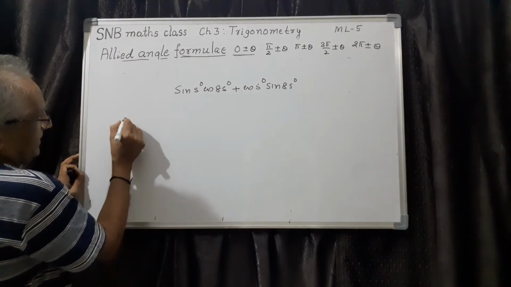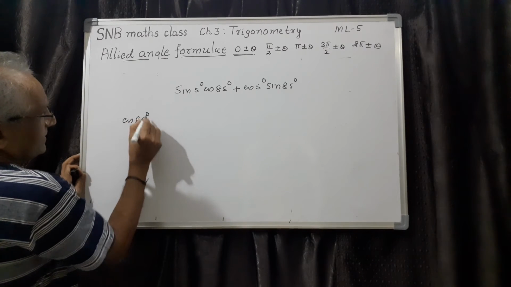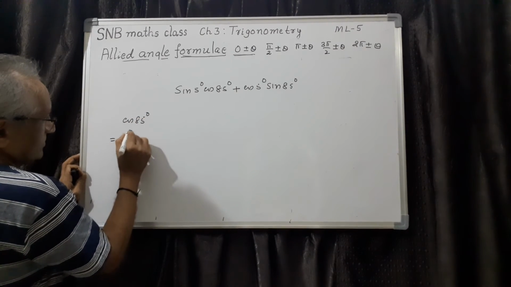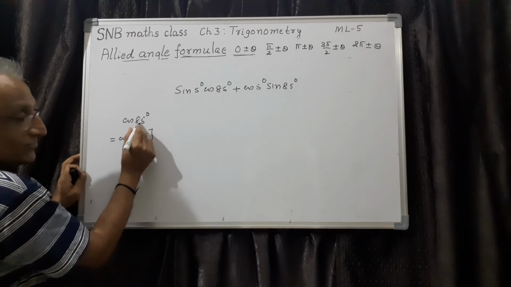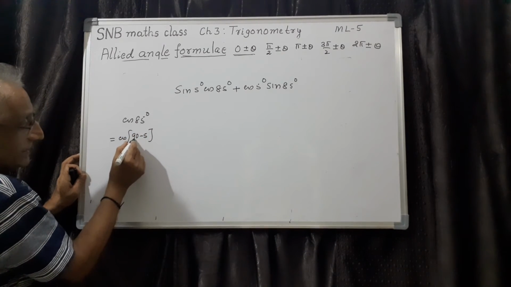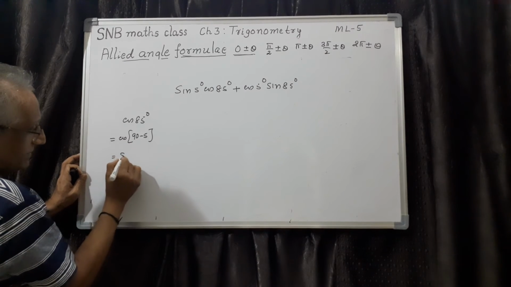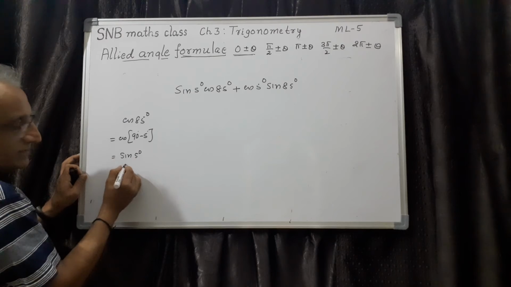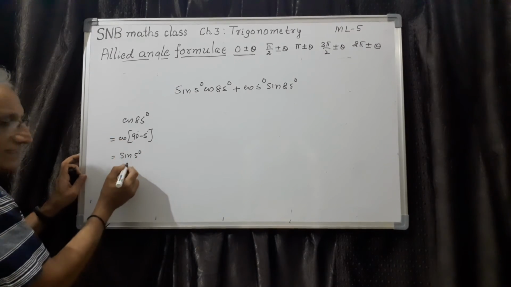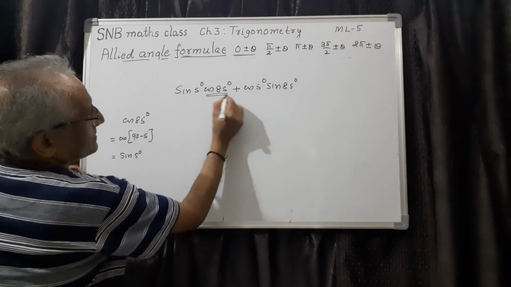See, if you take cos 85 degree, this you can write cos of 90 minus 5. We are not changing the angle, please note. 85 only, we can write 90 minus 5. So this is sine 5. Because sine 90 minus theta is cos theta. Cos 90 minus theta is sine theta. So this becomes sine theta.